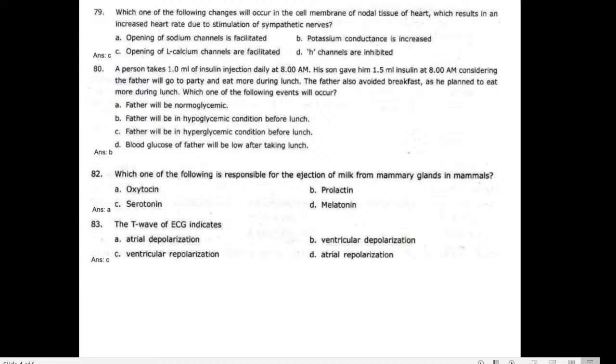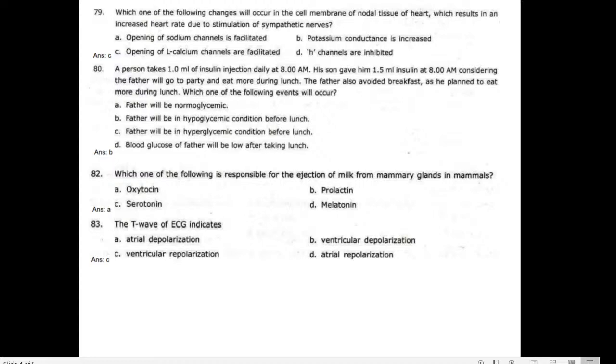In the normal ECG waves, what happened in the T waves? This repolarization of the ventricle is expressing the heart rate.